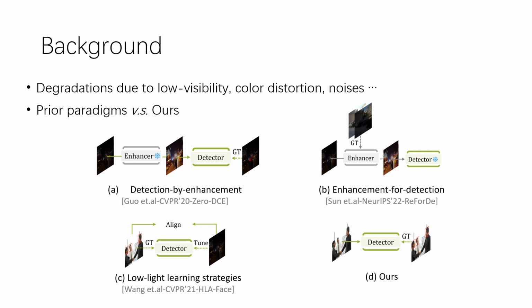And thirdly, we have low-light learning strategies. For example, maybe the researchers could use the well-lit images and the low-light images and align their distributions to make the model perform well on the low-light data. And for ours, our advantage is that we only use well-lit images during the whole training pipeline.